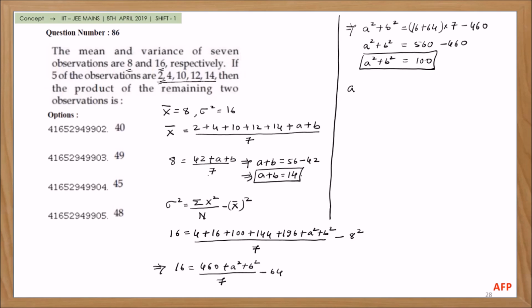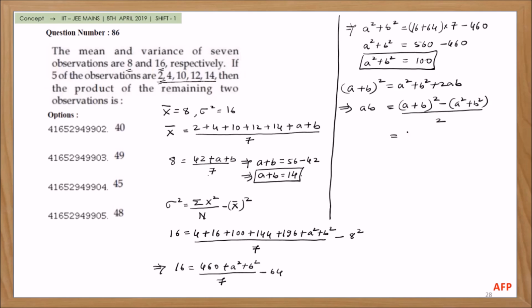So now we will use the A plus B whole square formula. It is A square plus B square plus 2AB. So this implies AB, and AB is nothing but the product of the remaining two terms, can be written as A plus B whole square minus A square plus B square, whole divided by 2.